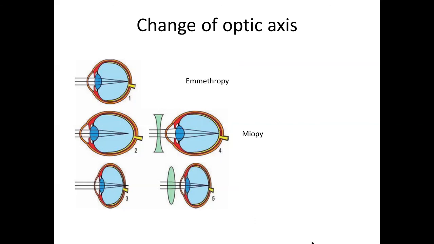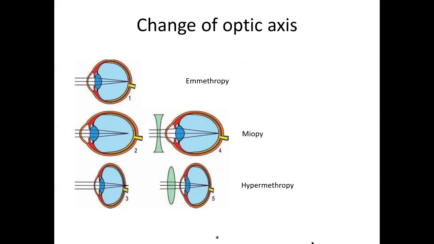So this patient is called a hypermetrop, and this type of pathological vision is called hypermetropy.